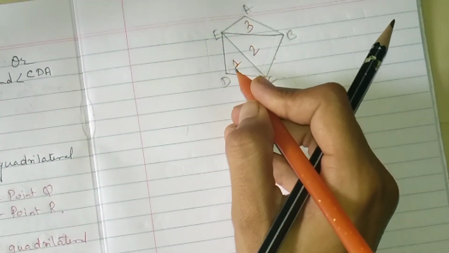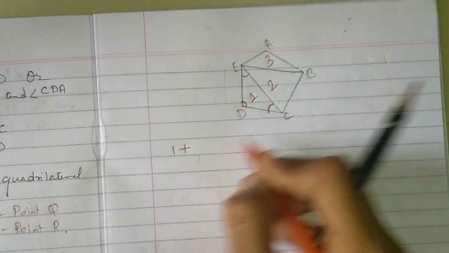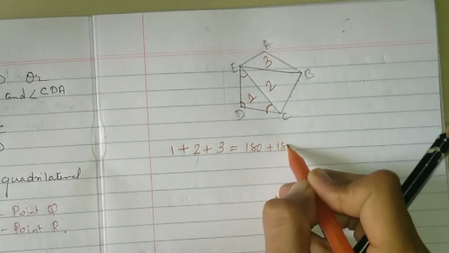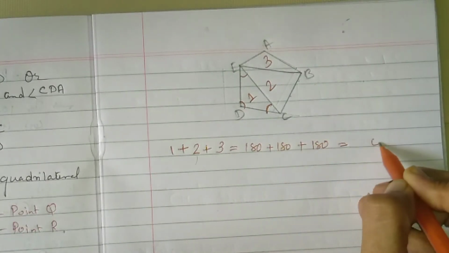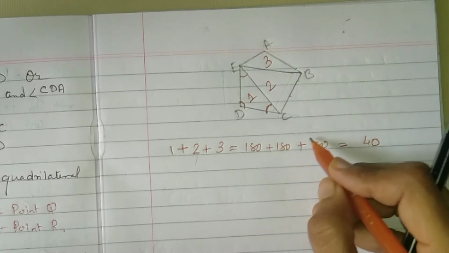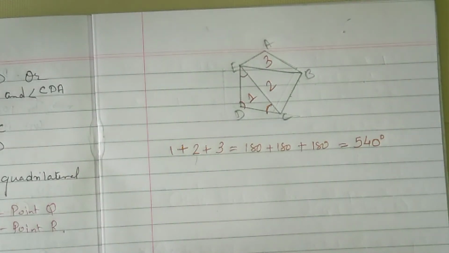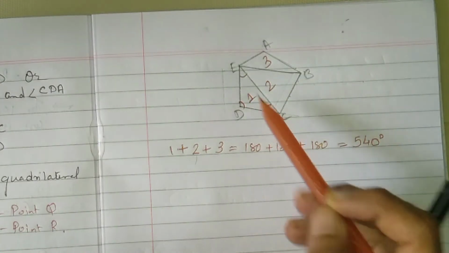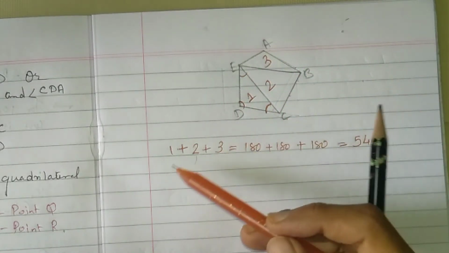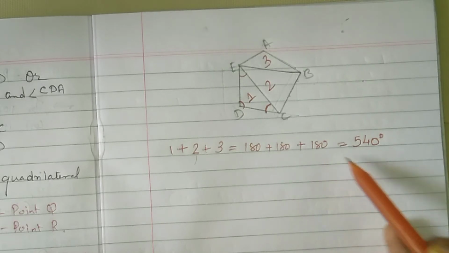The sum of the angles of a triangle is 180, so for all three triangles it is 180 plus 180 plus 180, which equals 540. Hence proved. These are triangle EDC, triangle CDB and triangle EAB.